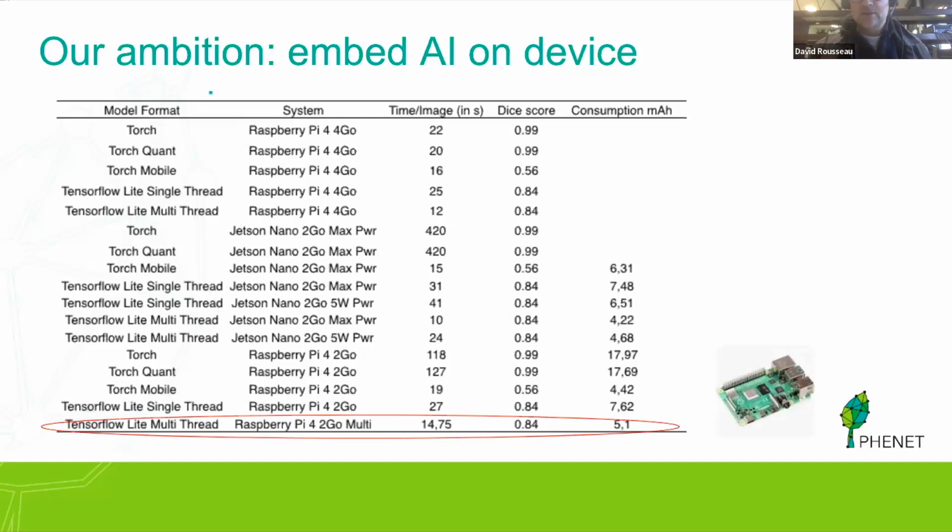Typically, on a connected stick, we will take a couple of images per day. So this leaves a lot of time, saves energy, and possibly reduces the flux of data that will be transmitted in the end.